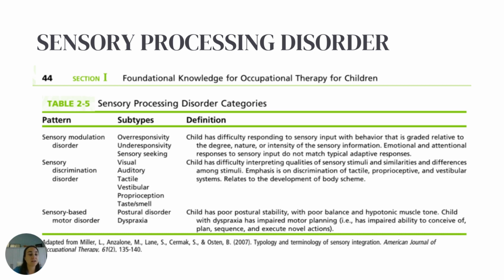Next, we get our sensory discrimination disorder, and the subtypes include visual, auditory, tactile, vestibular, proprioception, and taste and smell. So when a child has difficulty interpreting qualities of sensory stimuli and similarities and differences amongst stimuli.